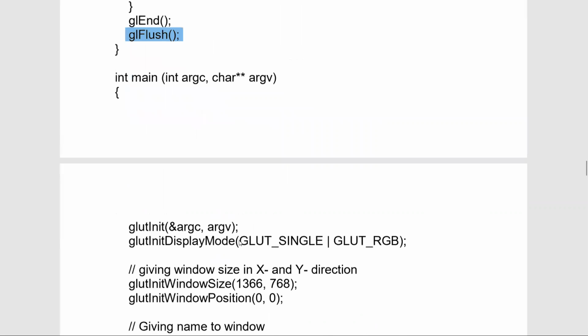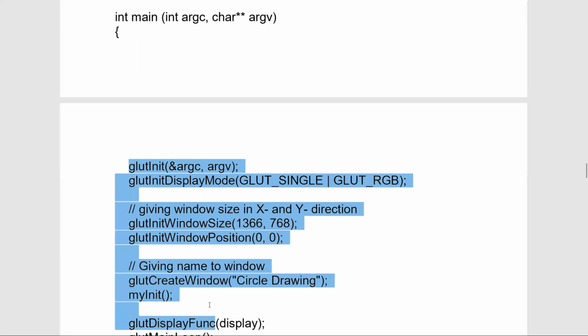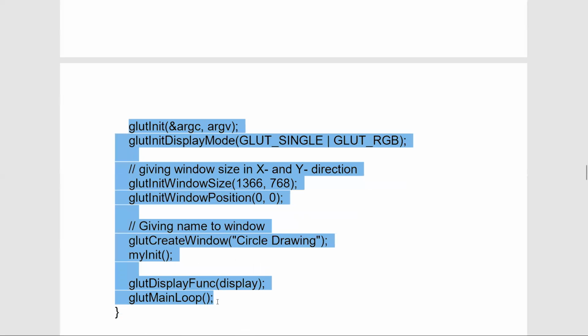Let me now take you to the main important function. The way we have a main function in any C program, here also my sample program for circle drawing has a main function, which importantly highlights how the typical structure of any program supporting OpenGL should be.